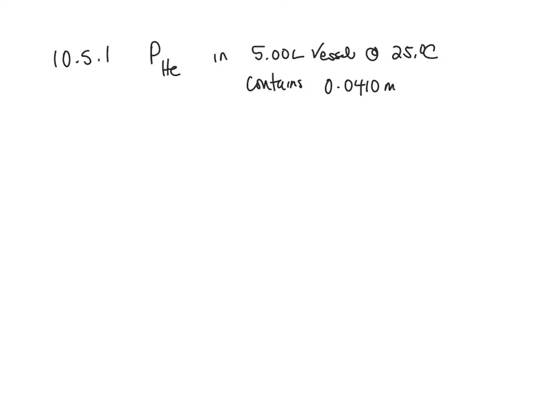What is the partial pressure of helium in a 5.00 liter vessel at 25.0 degrees Celsius that contains 0.0410 mole of helium, 0.121 mole of neon, and 0.0922 mole of argon? So we have 3 gases in that mixture.